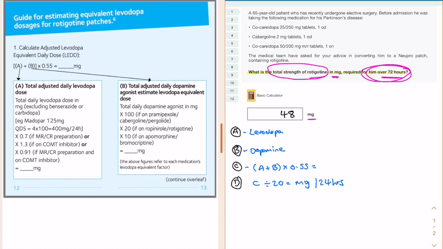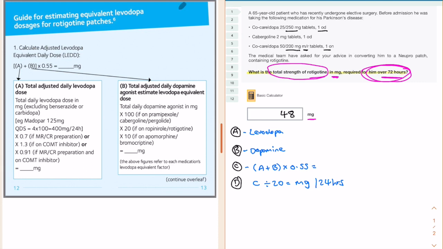Looking above in the question, it tells us that the patient is taking 1 tablet a day of 250 milligram content levodopa, and that's a standard release preparation. It then tells us that they're taking 200 milligrams of levodopa in an MR modified release formulation once at night.